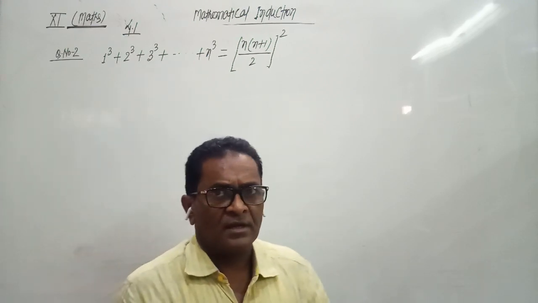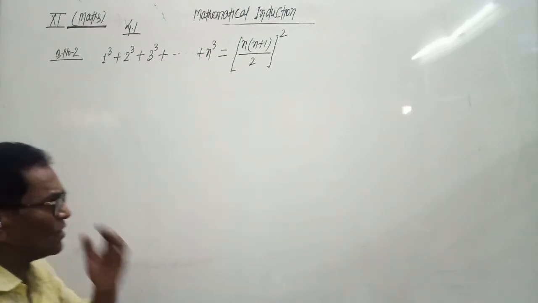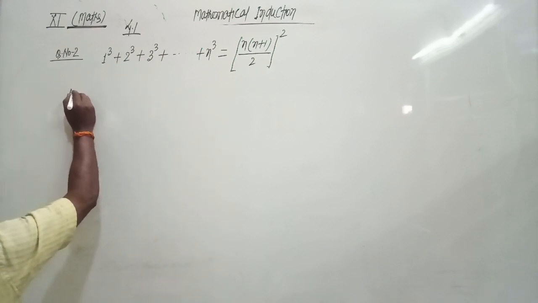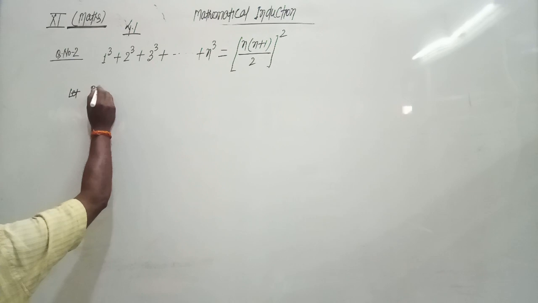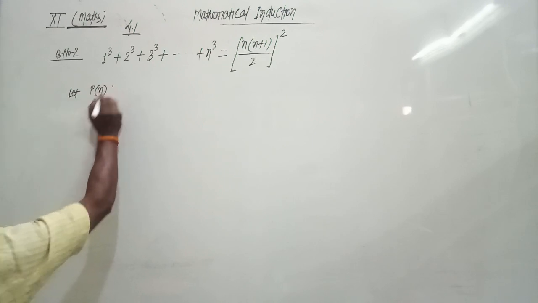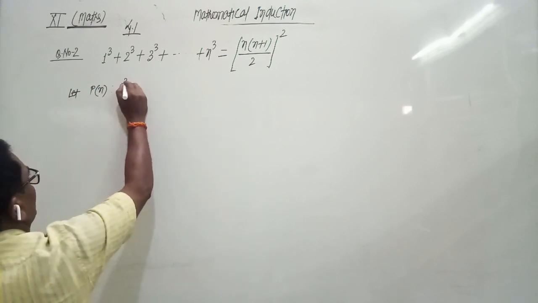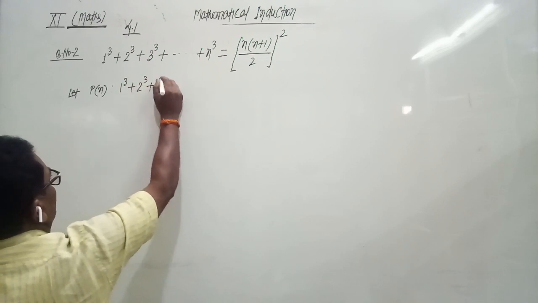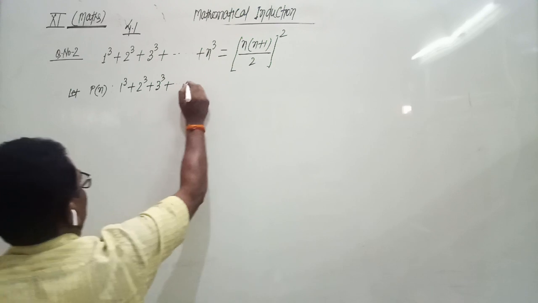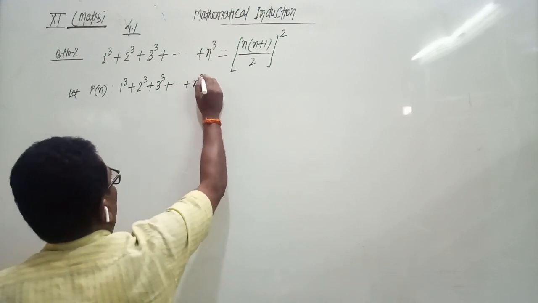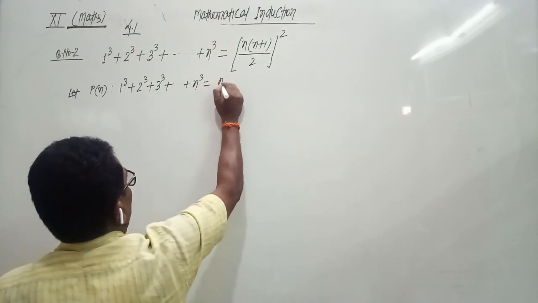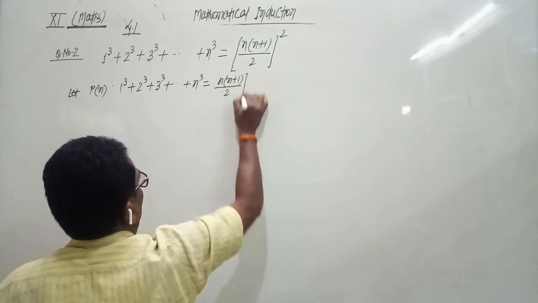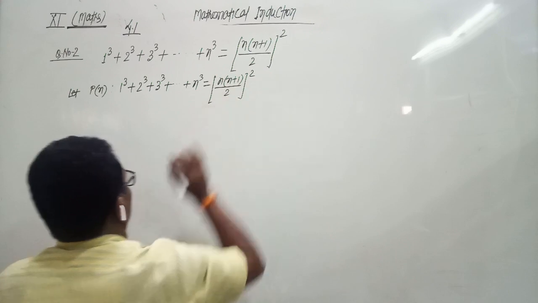prove that the statement is true for n equals 1. So let Pn be such that 1 cube plus 2 cube plus 3 cube plus ... up to n cube equals n into n plus 1 upon 2, the whole square.